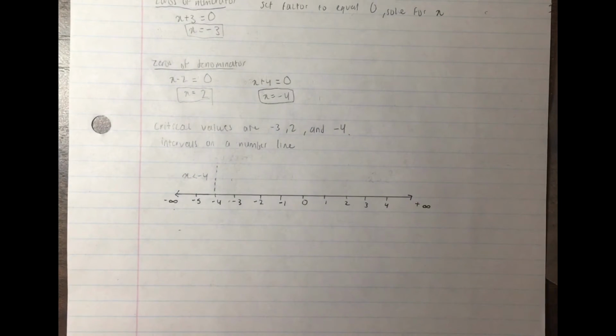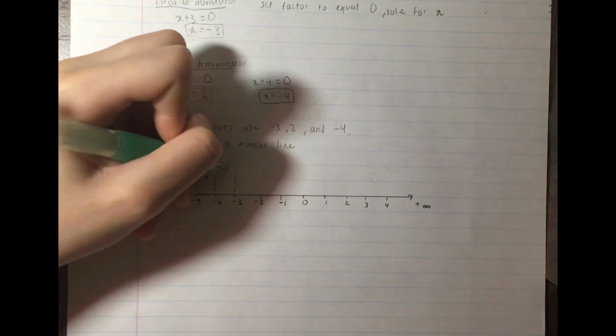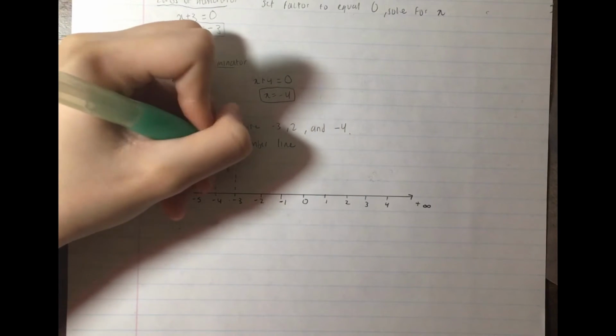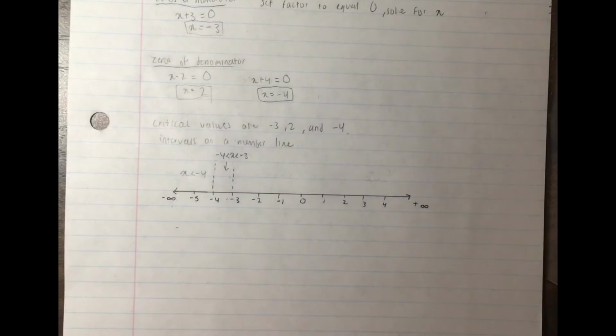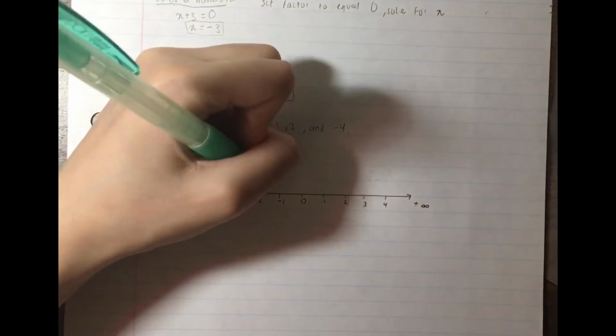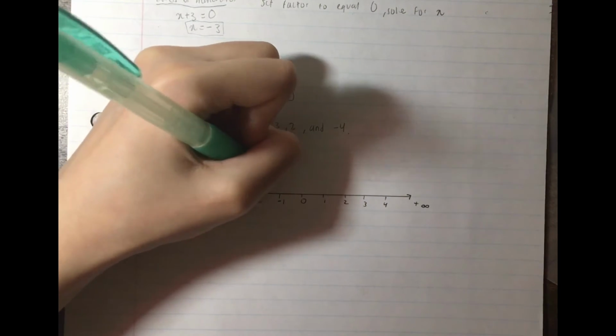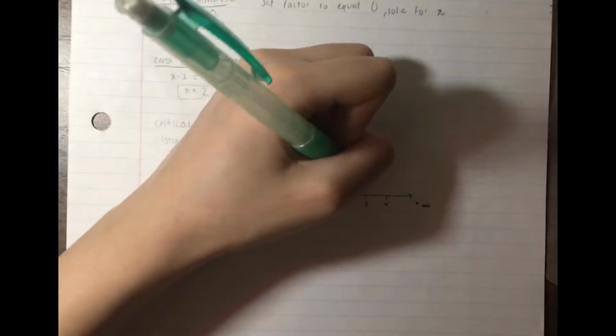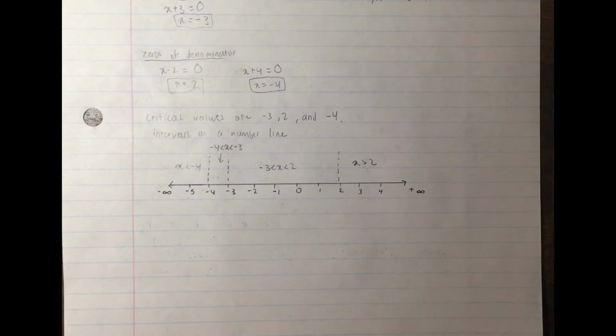Then next we have x is greater than -4 but less than -3, and that's going to be in between here and written like this. And then after that we have x is greater than -3 but less than 2, and it's going to be written like this. And it'll just be from -3 to +2 over here. And the last one we have is x is greater than 2.